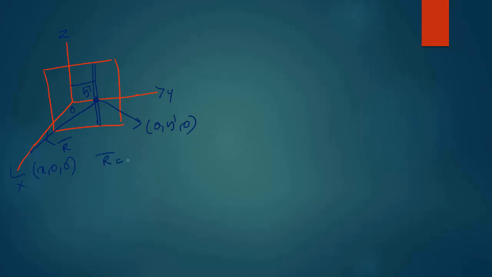So r bar is equal to observation point minus source point, that is x minus 0 is x, 0 minus y dash, that is minus y dash, comma 0. Now we know the electric field due to line charge is equal to rho L by 2 pi rho epsilon a rho cap.